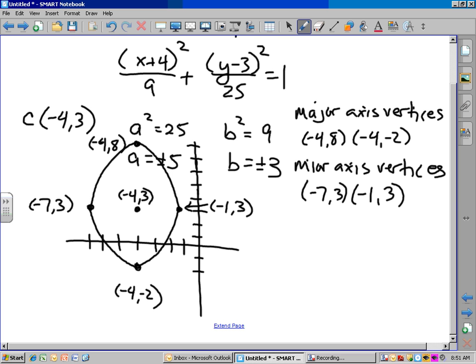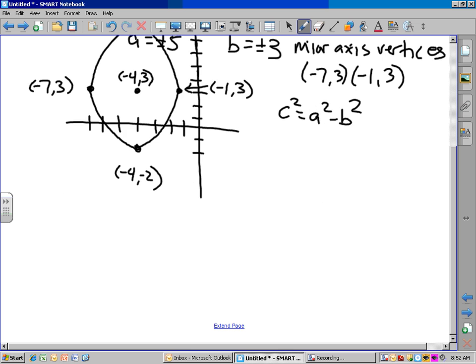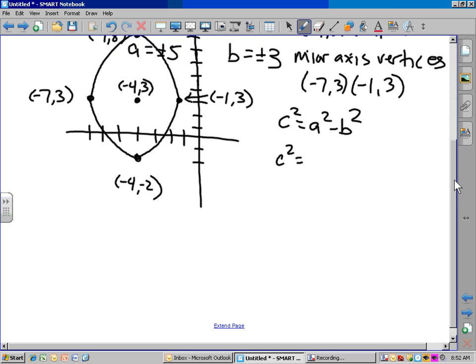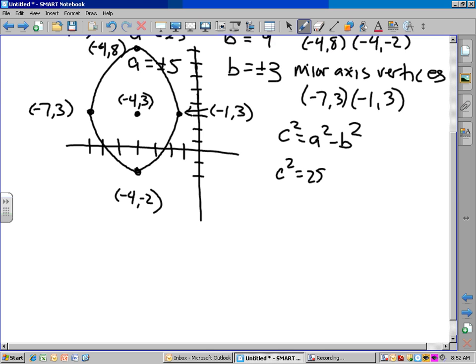What's left? The foci. C squared equals a squared minus b squared. C squared equals, what was a squared again? 25. B squared is 9, so c squared equals 16. C equals plus or minus 4. From where? From the center.